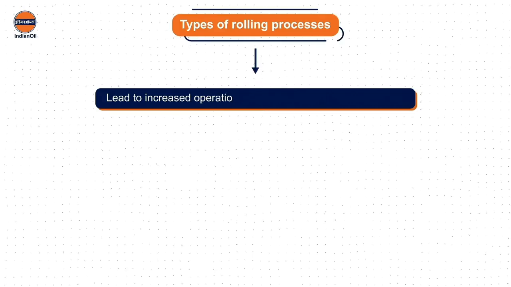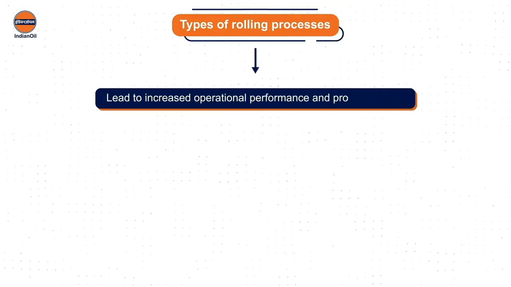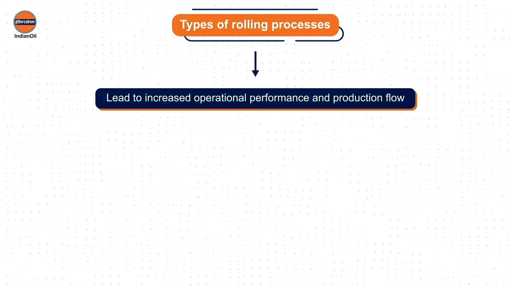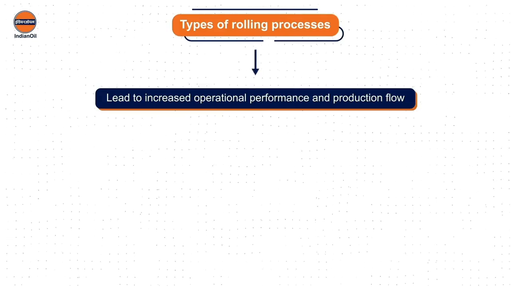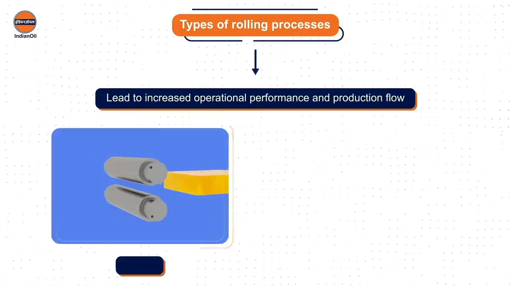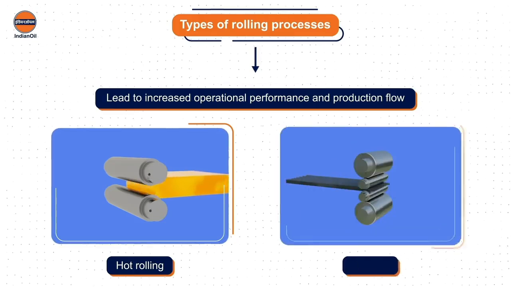The different types of rolling processes that lead to increased operational performance and production flow are discussed based on the different techniques like hot rolling and cold rolling.